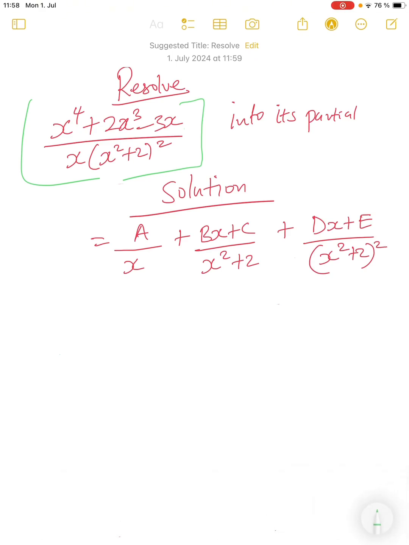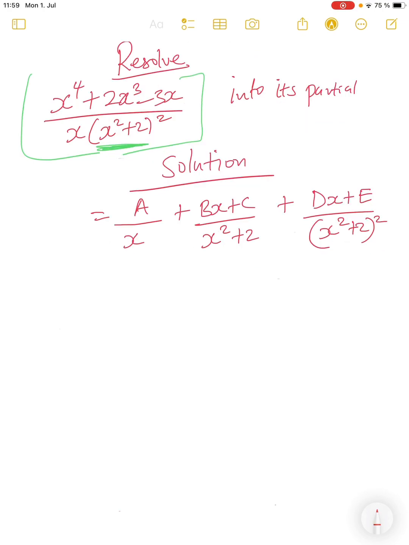Notice that we use x squared plus 2 all squared. We repeated this because the factor is repeated. This quadratic factor is repeated. So one, we take a factor with 1 power less than the actual power. Then the other one will take the exact power of the denominator of that quadratic factor.